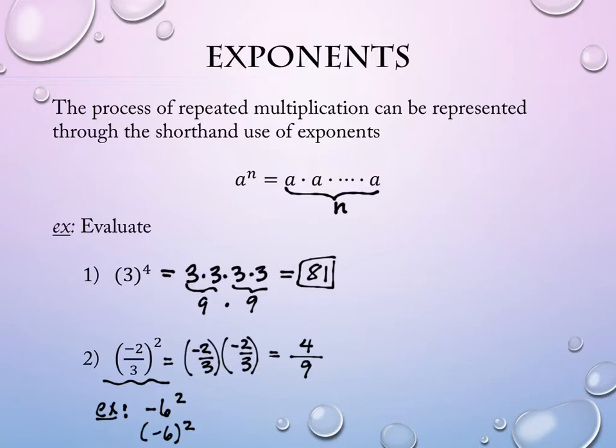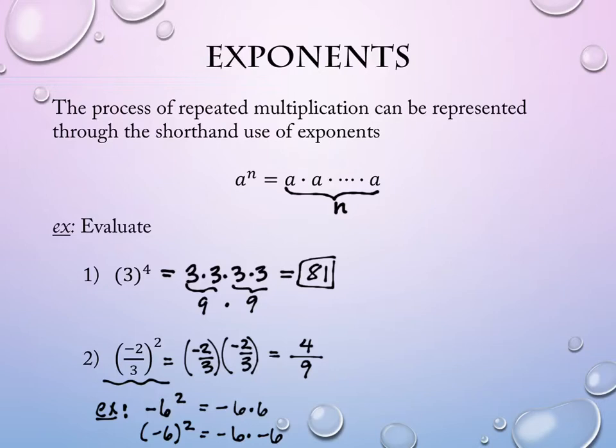The fact on this first one that the squared is occurring without the parentheses actually means that the only thing that's being squared is the 6. So what that really means is there's a negative, yes, but it is the 6 that's being multiplied by itself. When you have the parentheses, it means the entire quantity, negative 6, is being multiplied by itself. So you get negative 6 times negative 6, like that.